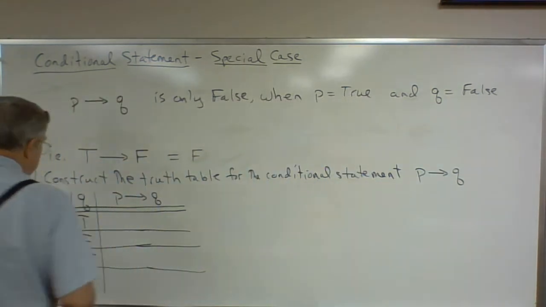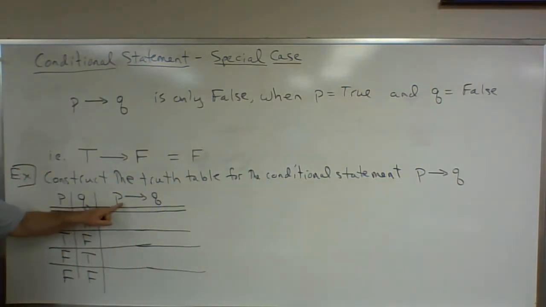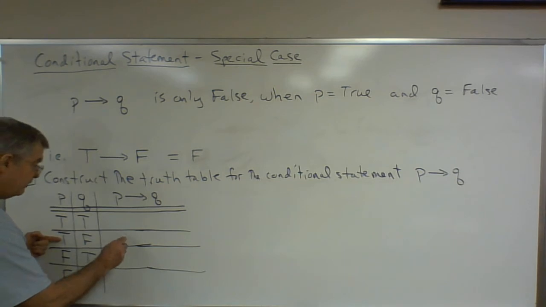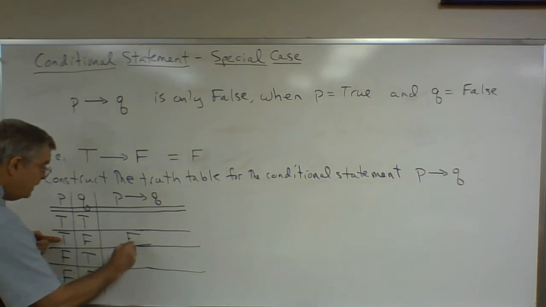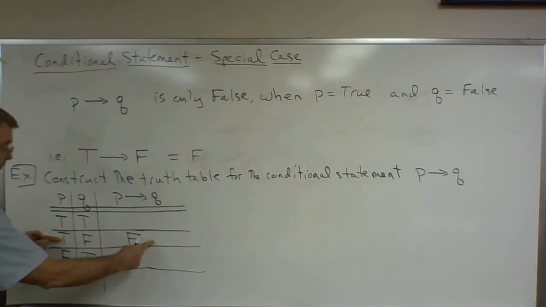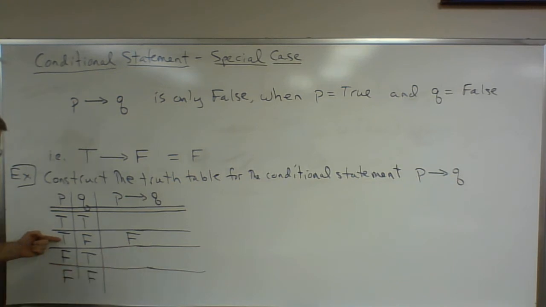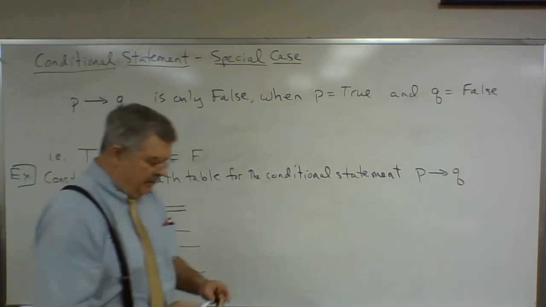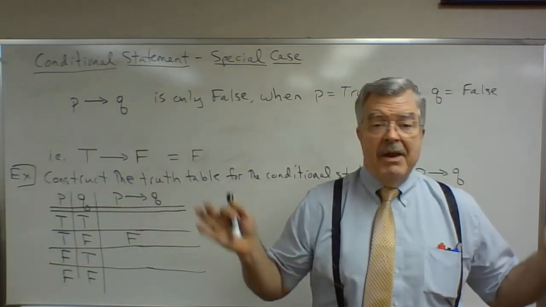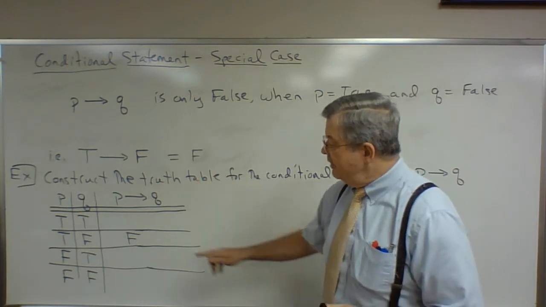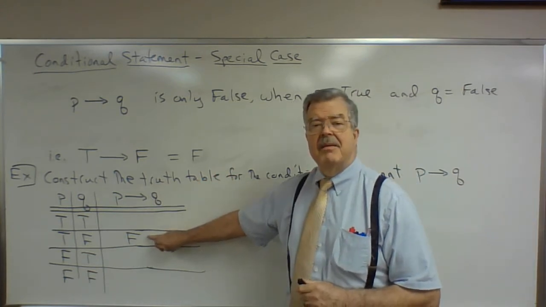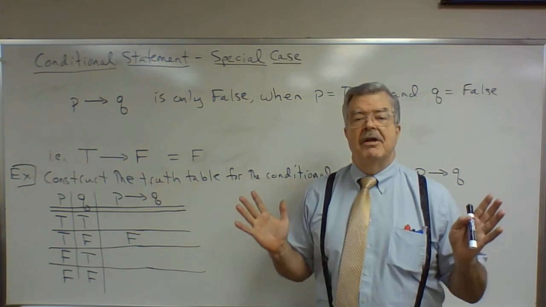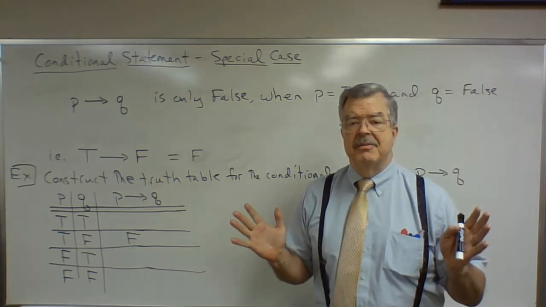So where in this truth table is P true and Q false? Right here, isn't it? And in this situation, the statement P implies Q is false. Now, what about the other statements? Well, I don't have to think about it. This is the only time when the statement is false. All other times, the statement is true.